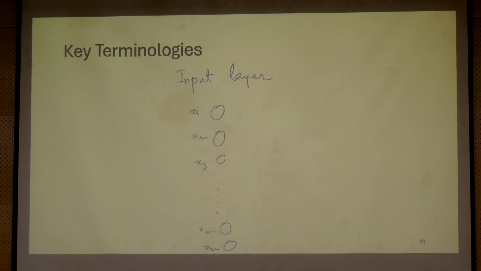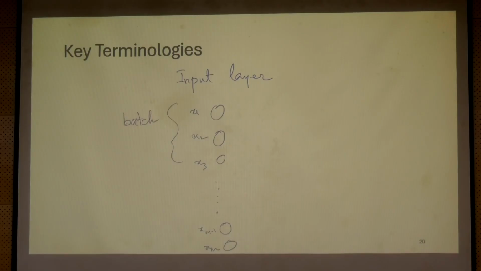But in typical cases, the number of features can be several thousands, several tens of thousands. So what we will do is we will not feed all the inputs all at once into the neural network. Rather, we will be feeding only a portion of the input features at a time. That kind of dividing the input layer into smaller sets is called a batch.